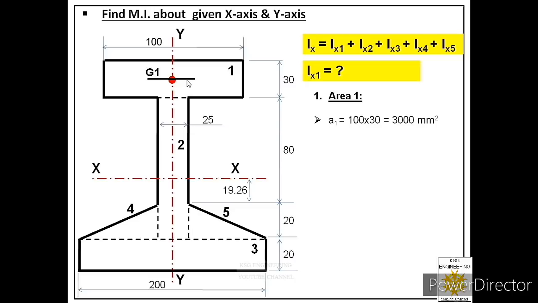So if we have to find the distance between these two axes, we will say 135 minus 59.26. So H1 will be equal to 135 minus 59.26. So we'll get its value as 75.74 mm.